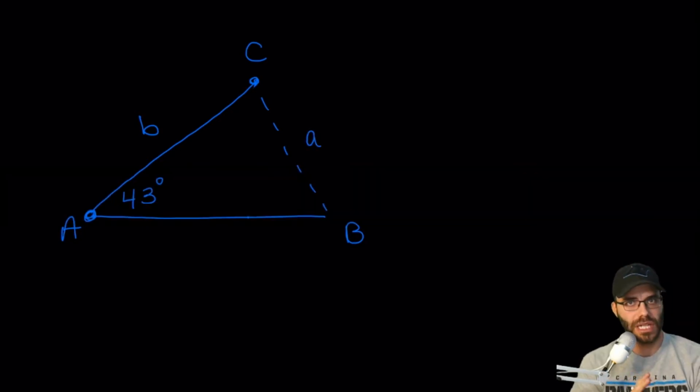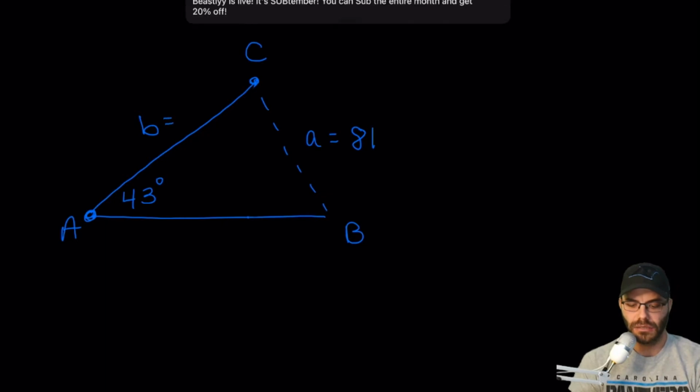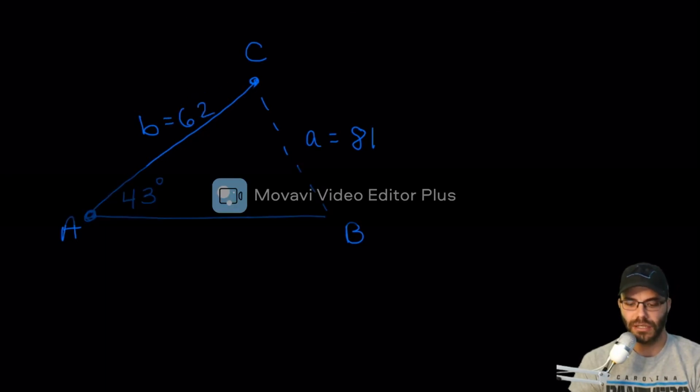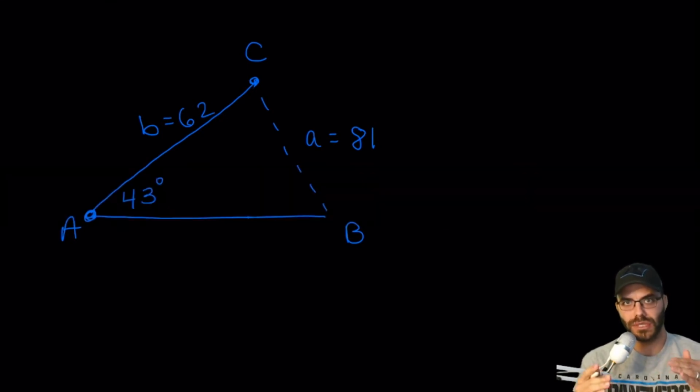If I know two side lengths and a non-included angle, that means if I know side A and side B, if those measurements are known, the non-included angle in this case would be angle A. When we say non-included, we mean one of the two angles that is not between the two sides that we know.